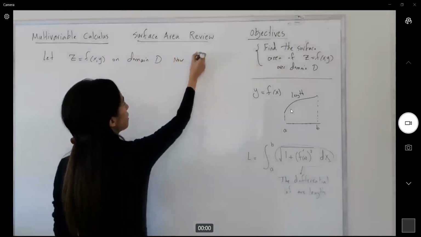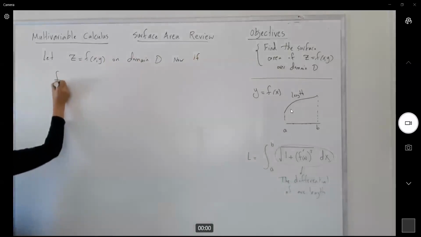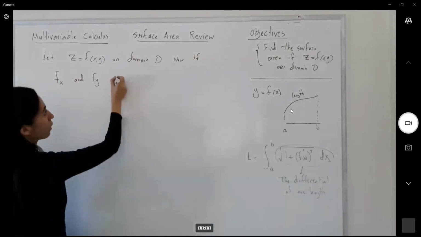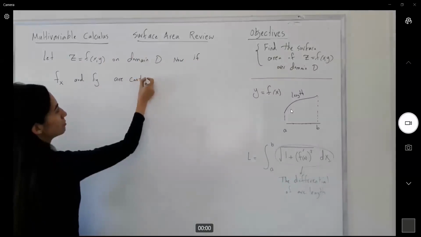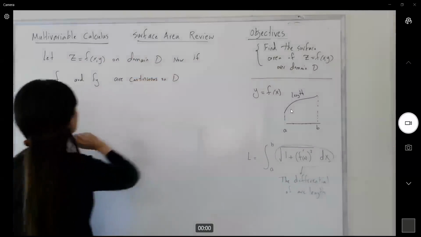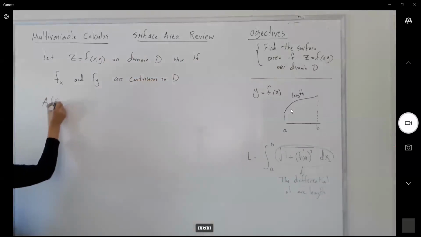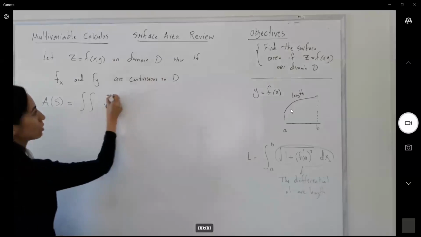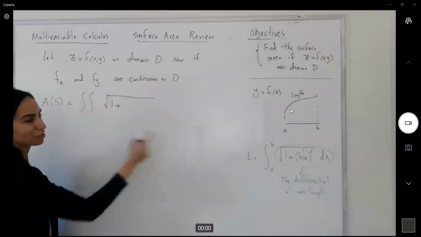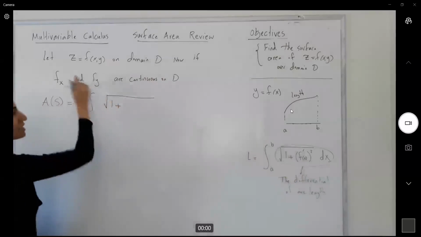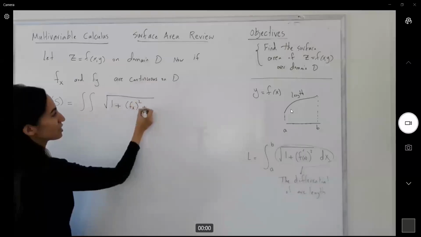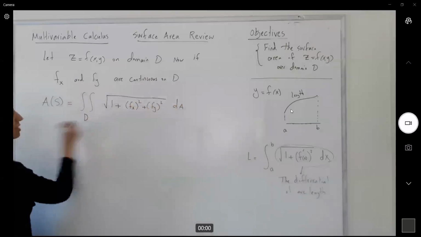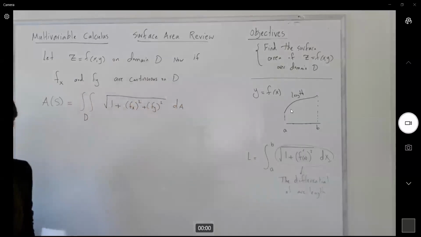Now, if the partial derivative of f with respect to x and partial derivative of f with respect to y on D are continuous, the surface area is defined as the double integral. The double integral of square root of 1 plus, we take the derivative of the function with respect to x, square it. We take the derivative of the function with respect to y squared and the dA over the domain D. This is our formula.